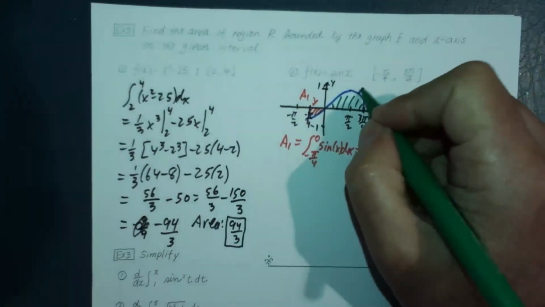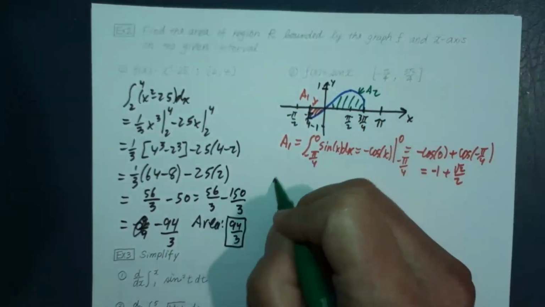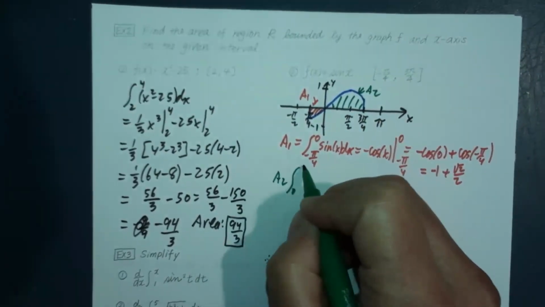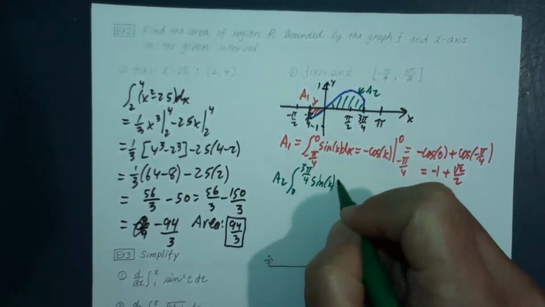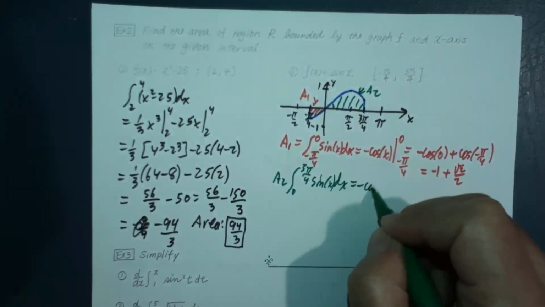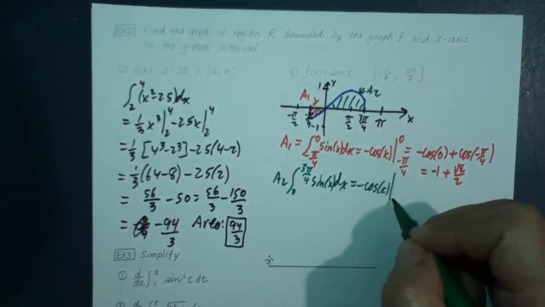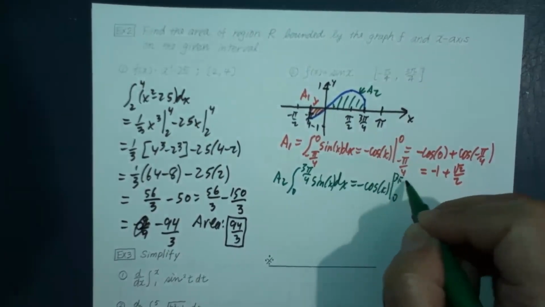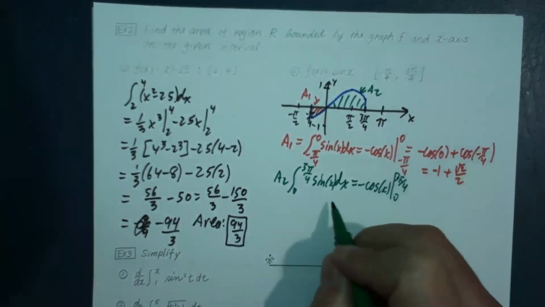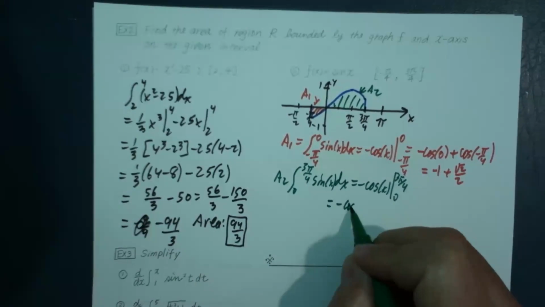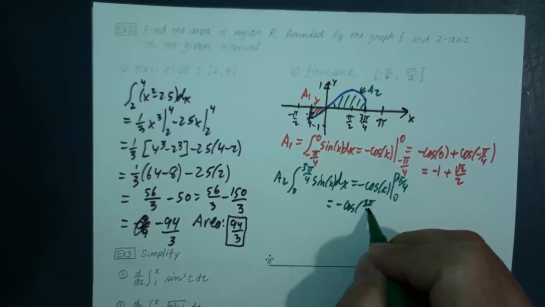So we'll call this A2. It's going to give us negative cosine again from 0 to 3 pi over 4. Once again, this is going to be negative cosine 3 pi over 4.